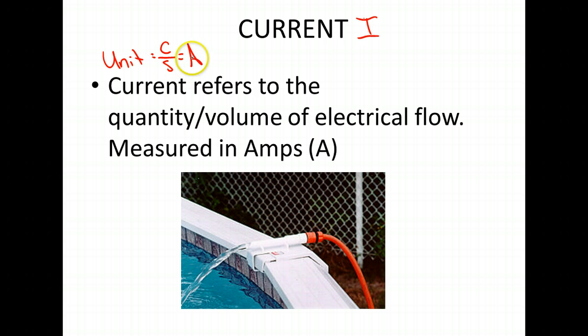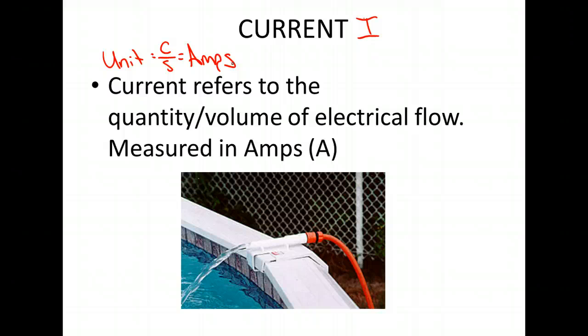Yeah, we call it amps. And if something has a high amperage, what does that indicate to me about the charge flowing through it? It's fast, right? There's a lot of charge flowing through it. And if something has a low amperage, what does that indicate to me about the charge flowing through it? Yeah, it's slower. There's not as much charge flowing through it.